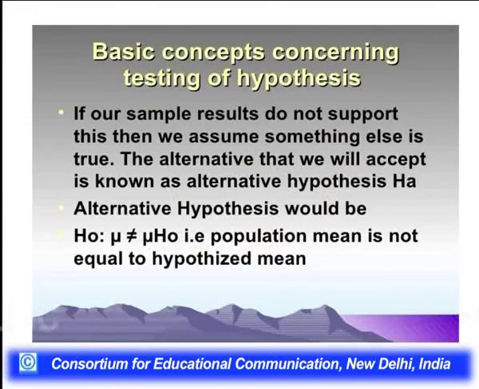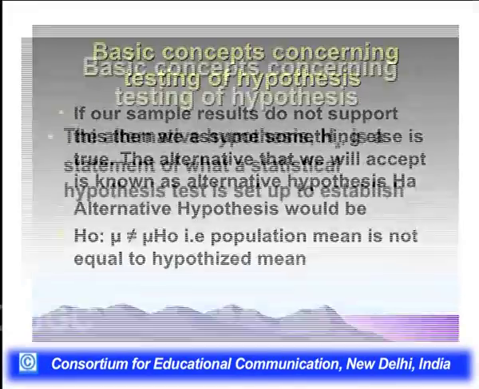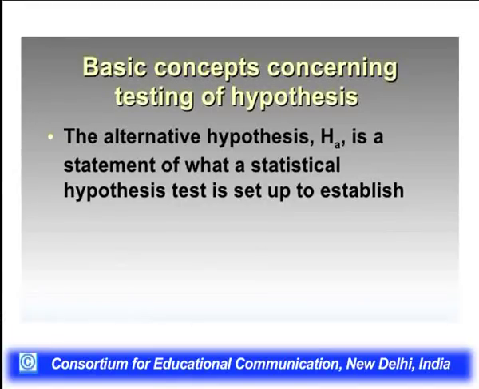The alternative that we will accept is known as the alternative hypothesis, that is HA. The alternative hypothesis would be HA: mu is not equal to mu H0, that is, the population mean is not equal to the hypothesized mean.